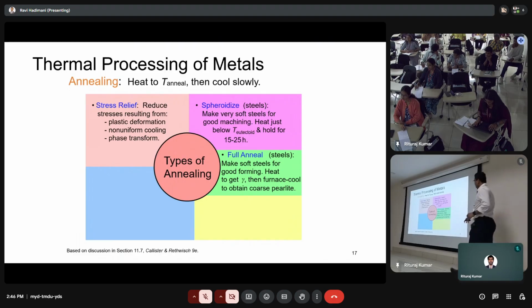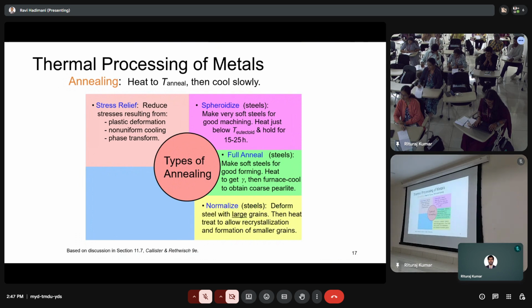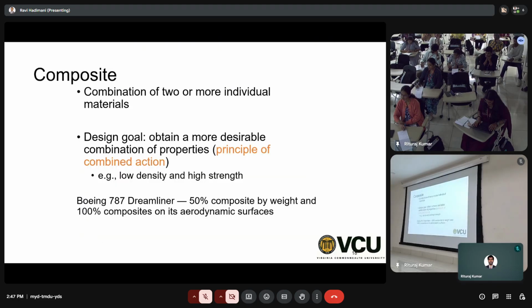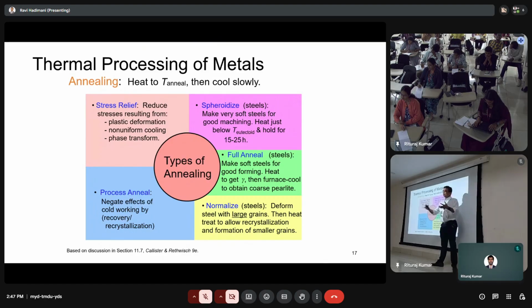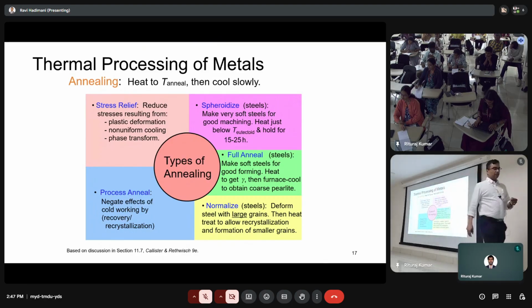Then you have full annealing, which makes steels very soft, and it's good for forming and other cold operations. And then normalize. So these are all different annealing techniques that you can use to basically tune the properties of materials the way you like.